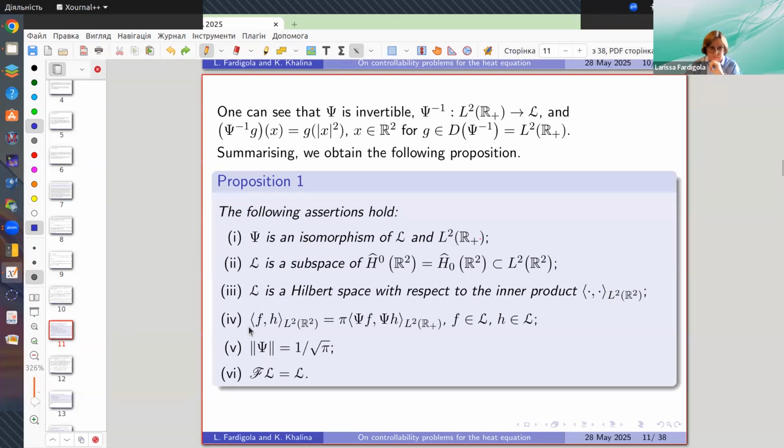Also, this scalar product can be represented through the operator phi. The norm of phi is 1 divided by square root of pi, and the Fourier transform of L equals L.